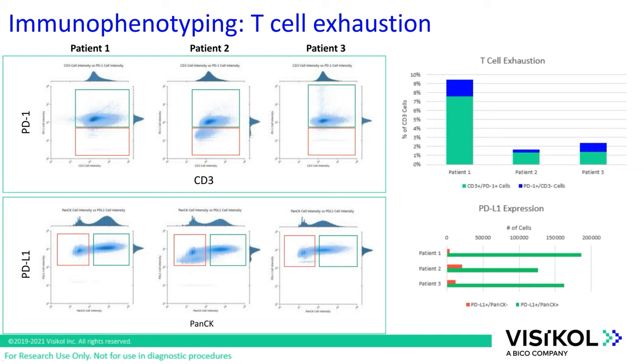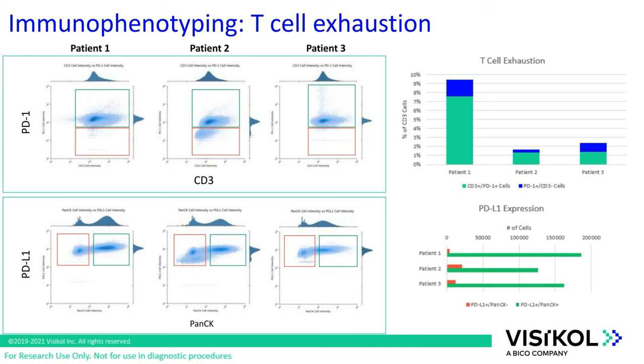Patient 2 and patient 3, we see a much smaller percentage of the total T cell population expressing the PD-1 marker. This goes hand in hand with what we see when we look at the PD-L1 expression in the tumor. And so the figure on the bottom, we see PD-L1 intensity on the y-axis and pan-CK intensity on the x-axis. And here we see we have two distinct populations of cells in our samples.